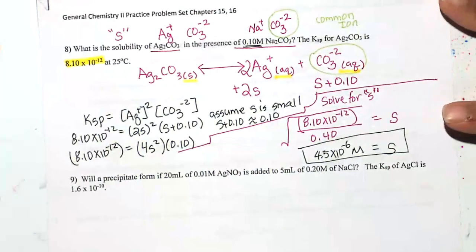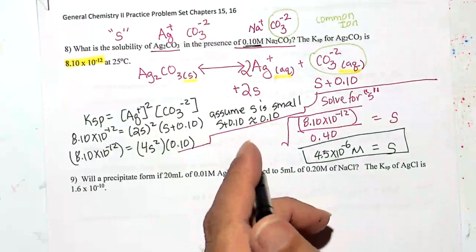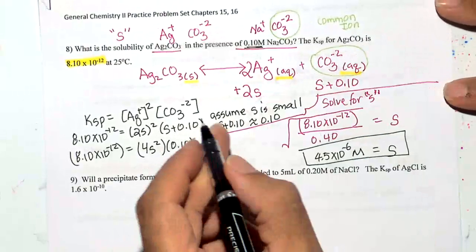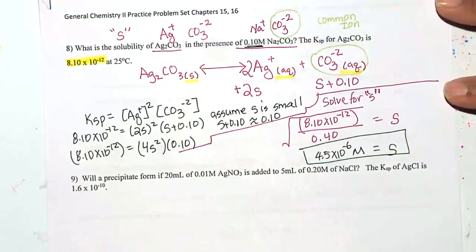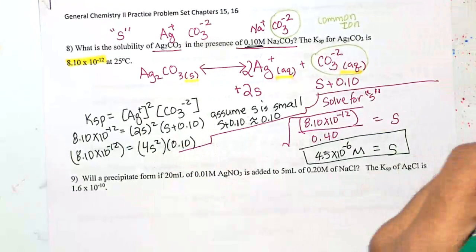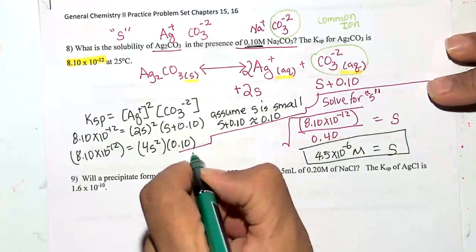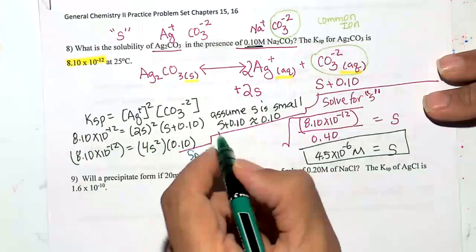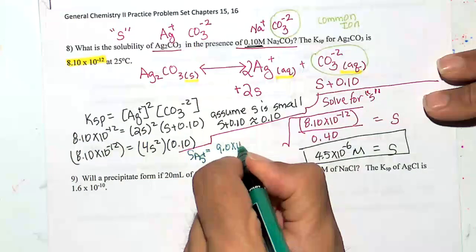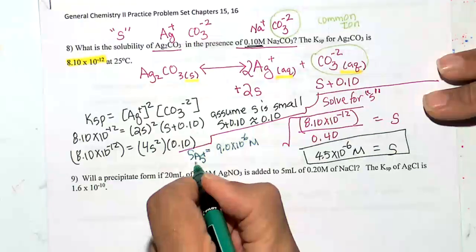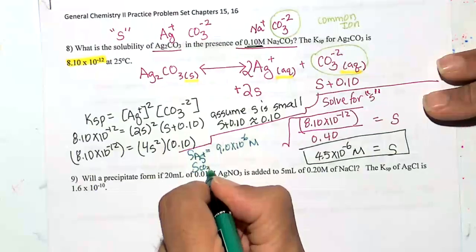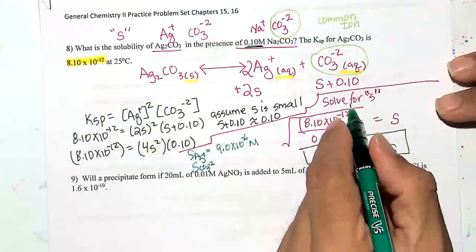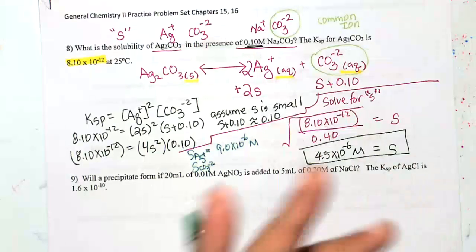So if we want to complete this problem, let me just write the final answer here. The solubility of Ag plus is going to be 2 times that, so that's going to be 9 times 10 to the minus 6 molar. And the solubility of CO3 minus 2 is going to be 4.5 times 10 to the minus 6 plus 0.1.